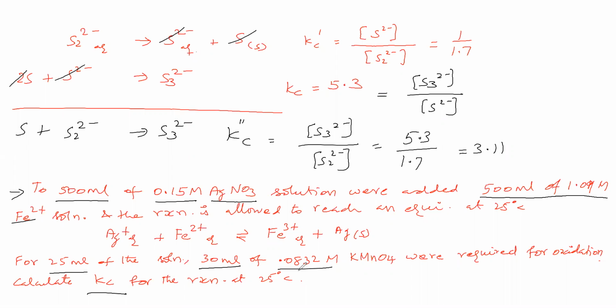Now in the potassium permanganate, we said this manganese can undergo reduction. Now Fe3 plus and Ag are there.